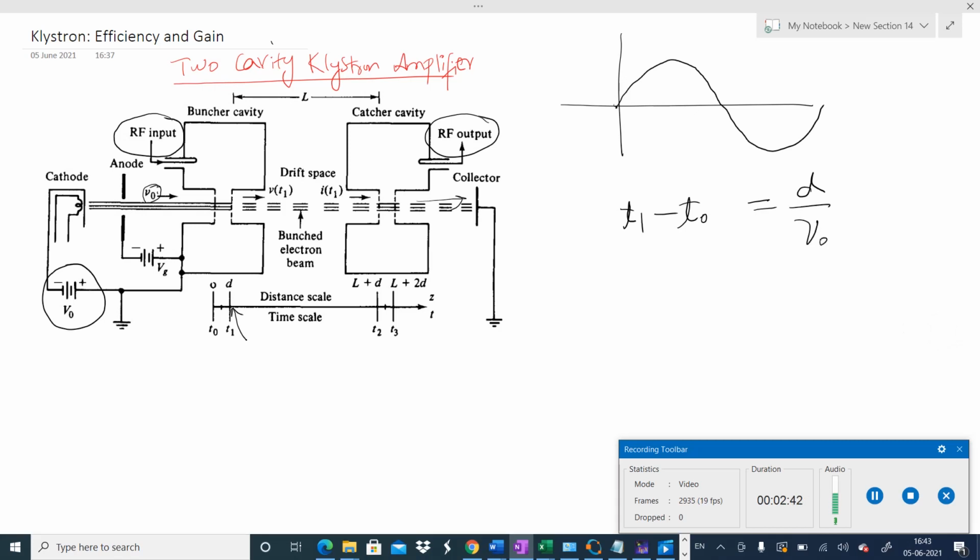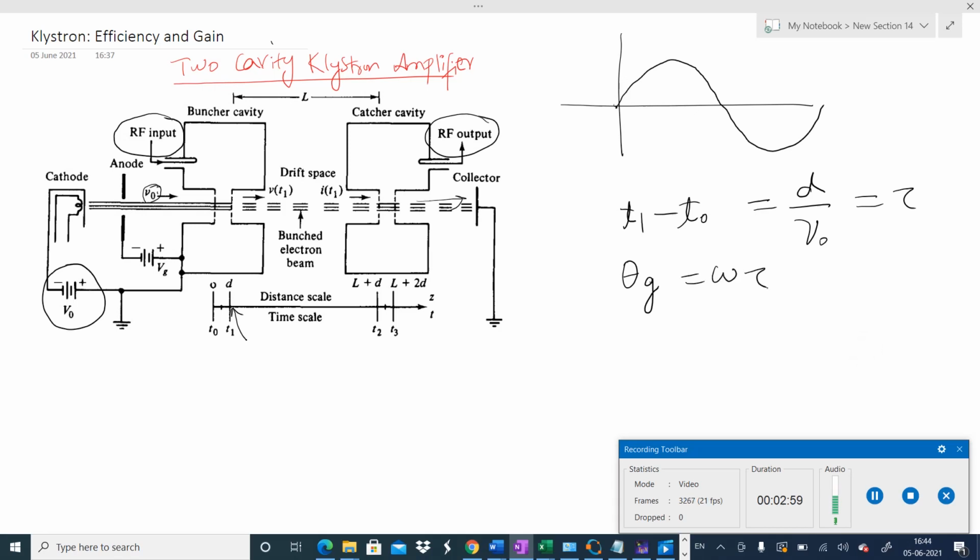We define this as tau. Corresponding to this transit time in the buncher gap, we define the transit gap angle, which is omega tau.